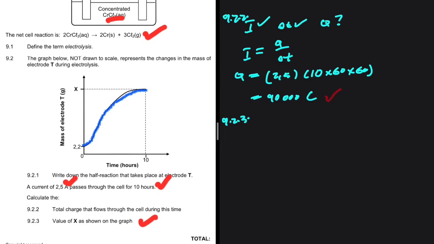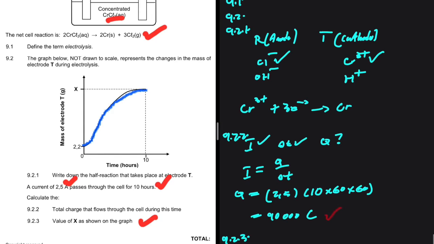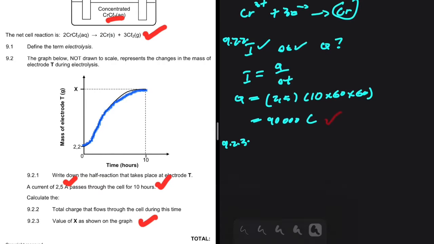Well, what is the question really asking us to calculate? We know that we have chrome being deposited at the cathode. So we need to calculate the mass of the chrome that has been deposited at the cathode. How can we do that? Let's look at the information we have. We have the charge. How can we go from charge to number of moles essentially before we ultimately calculate with the molar mass and find the mass?